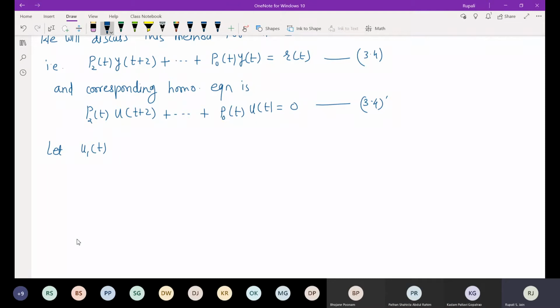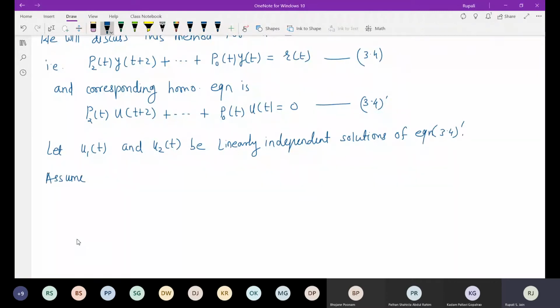So let u1(t) and u2(t) be linearly independent solutions of equation 3.4 dash, and assume y(t) is equal to a1(t) u1(t) plus a2(t) u2(t) be a solution of 3.4.